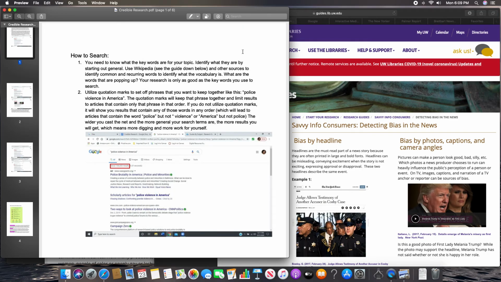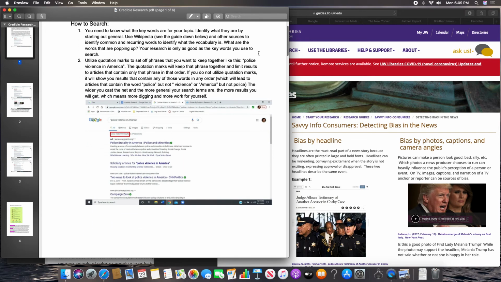And so the key is to identify what it is you are going to be looking for, okay? You need to know that the more specific your language is, the more specific the results are going to be. If you use broad, general, sweeping language, like down here, just take a peek at these examples, right?